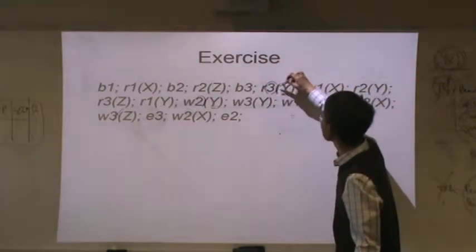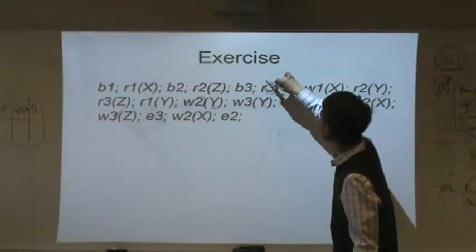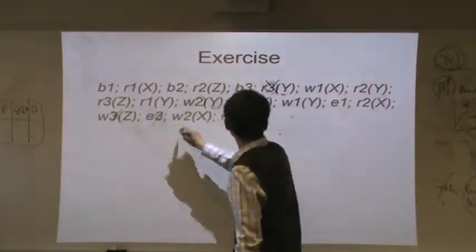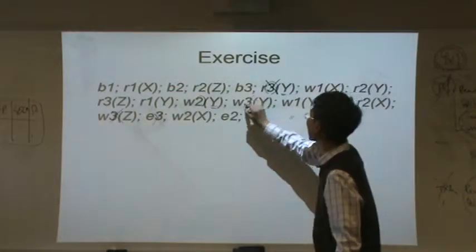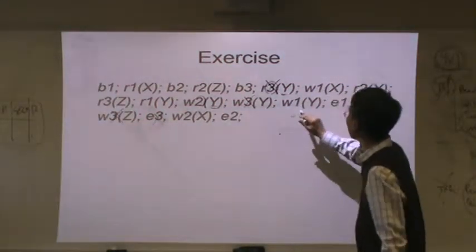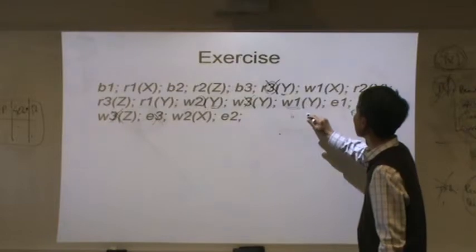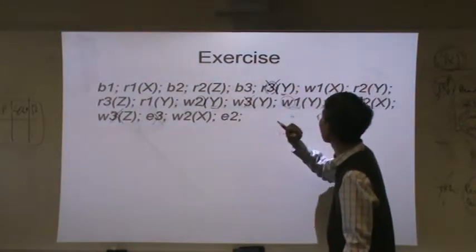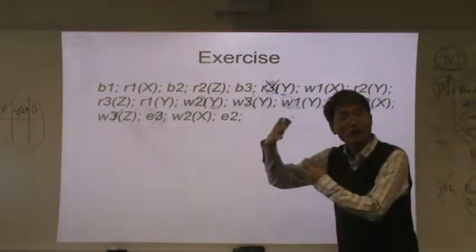Then which one is the younger one? This is the younger one, right? This one will be terminated. So T3 will be terminated. Then W1 requests the write lock. At the time, this one and this one cause the conflict situation.